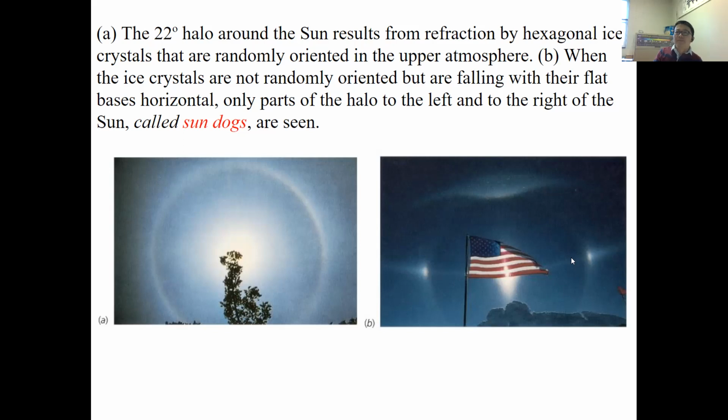This is again due to the dispersion of light through crystals, like ice crystals forming in the air. Then you also get this 22-degree halo on the sky, which is also ice crystals that reflected the sunlight, so you get a dispersion effect, as you see.